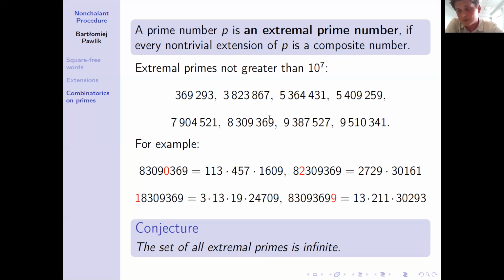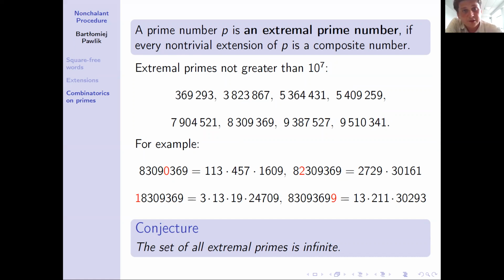So how to translate it to number theory? We say that a prime number p is an extremal prime number if every non-trivial extension of p is a composite number. So again, we are putting a single digit in some position of the number, and we get a composite number every time. A non-trivial extension means that putting 0 at the leftmost position is forbidden, because if I put 0 here, then obviously I get a prime, and there's nothing interesting about it.